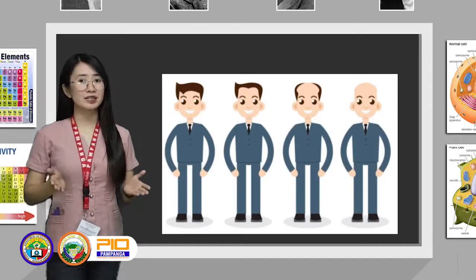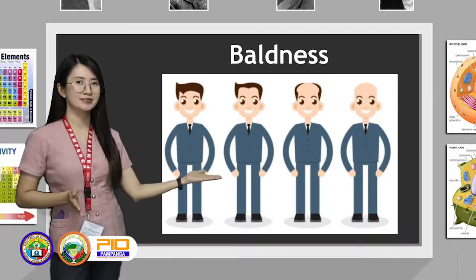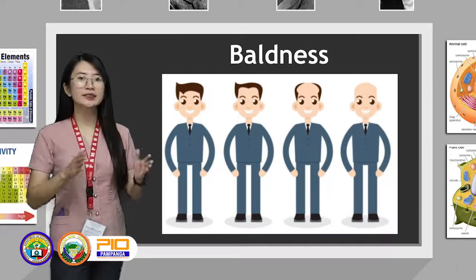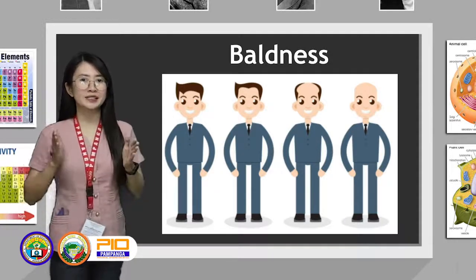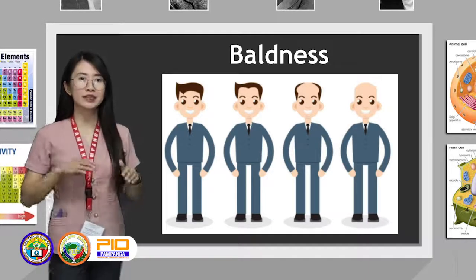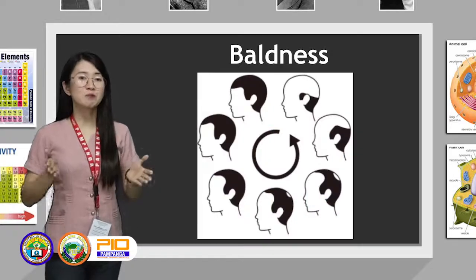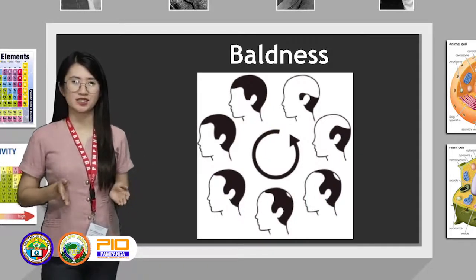One example of a sex-influenced trait is baldness. The gene is not in the X chromosome, but its expression of dominance is affected by the sex of the individual involved. It acts differently in males than in females.